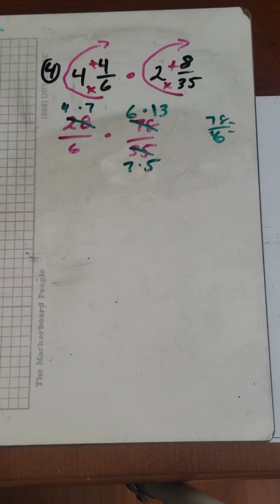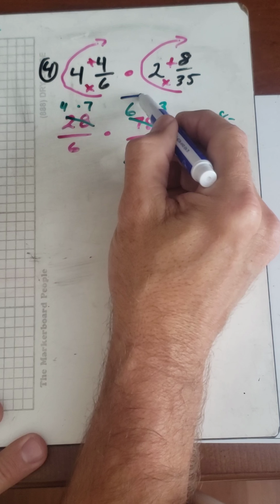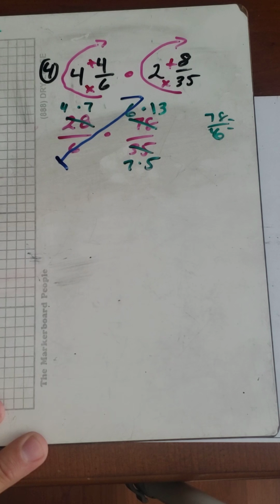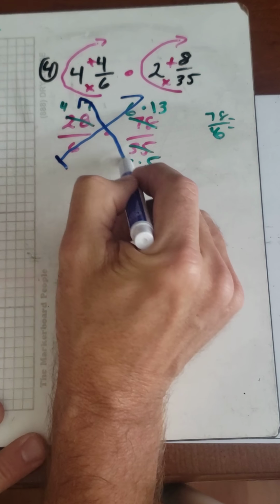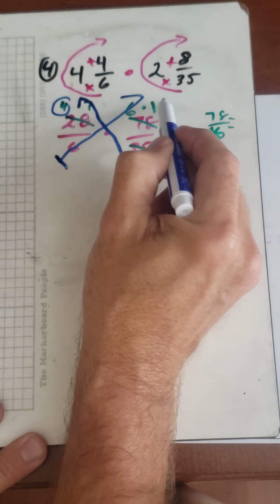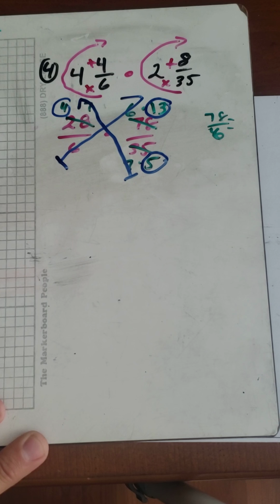Okay, so next I'm looking for my ones. The 6 and the 6 are my ones, right? So those simplify out. And then over here I see a 7 and a 7, so those simplify out, and then that's all I have. So I've got that 4 left over, that 13 left over, and that 5 left over.